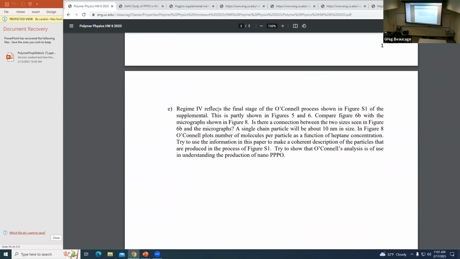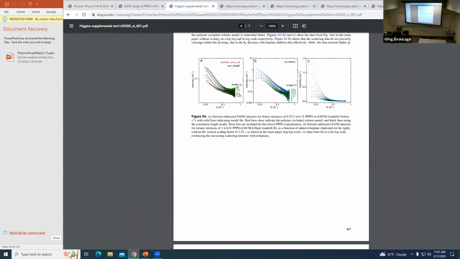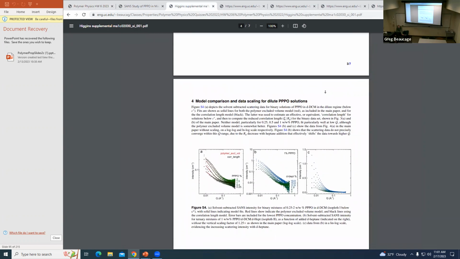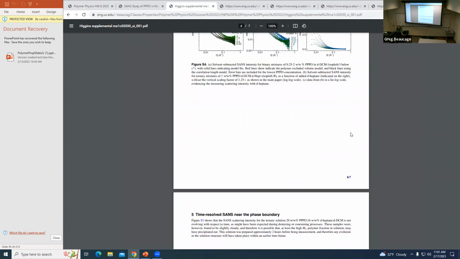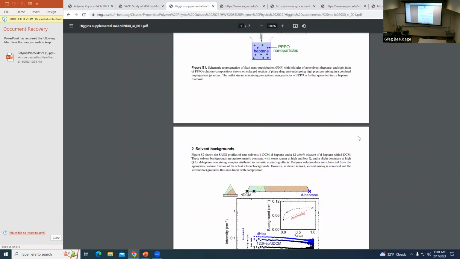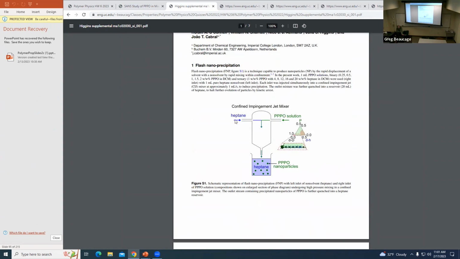And then regime 4, in S1 of the supplement, he's trying to get at this process. So he's saying, whatever the concentration, then as it dries out, it's all a dirty mess.